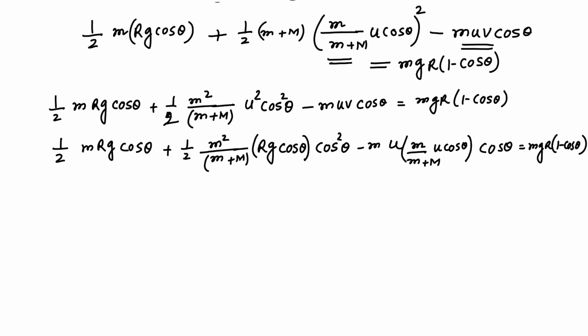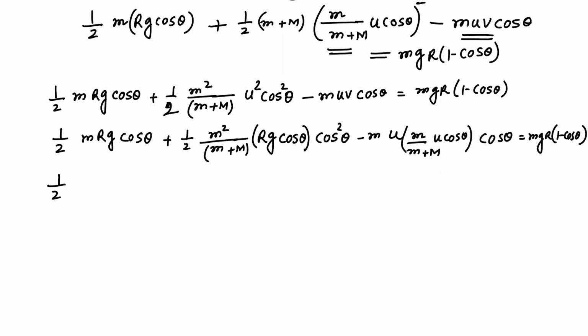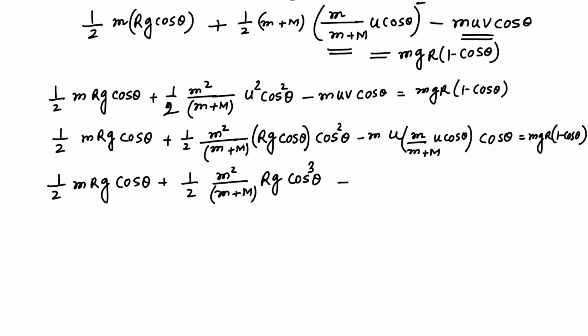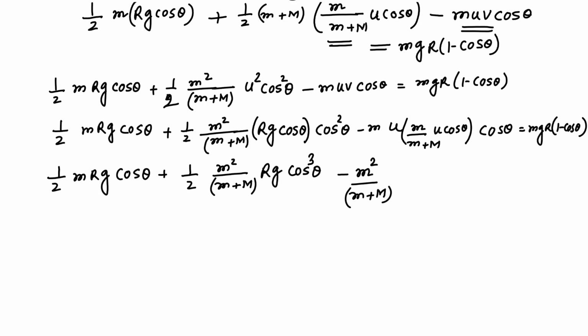Let us further simplify this term. So we will have half mrg cos theta plus half m square over m plus M, and this will be rg cos cube theta, minus this will be m square divided by m plus M, and this is u square cos square theta, and u square is nothing but rg cos theta.